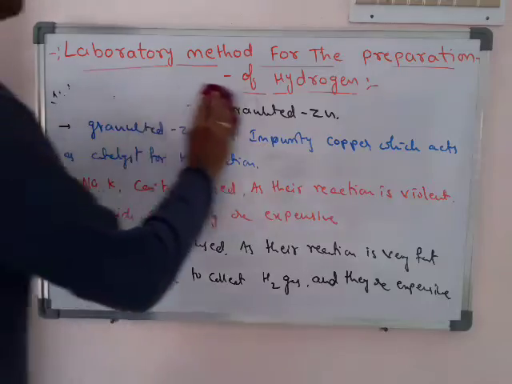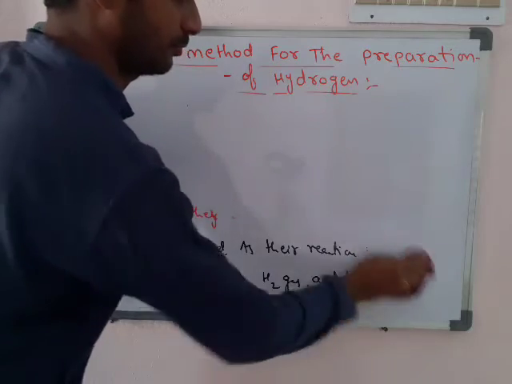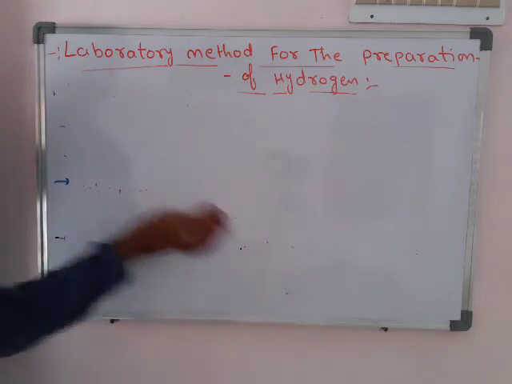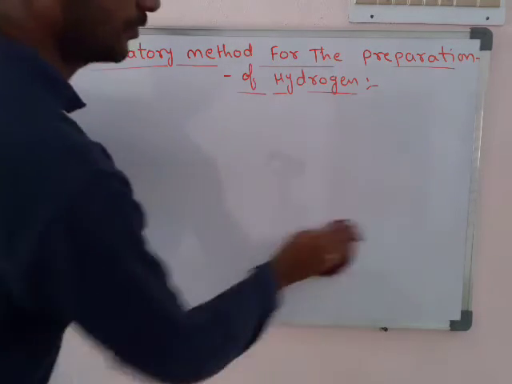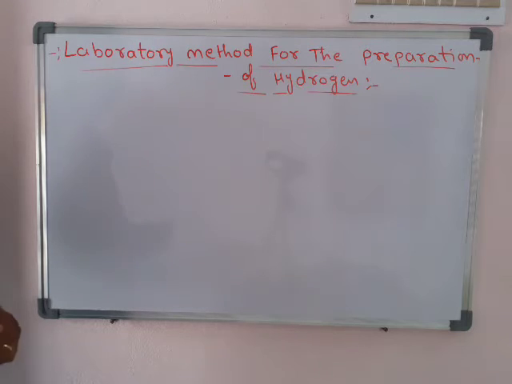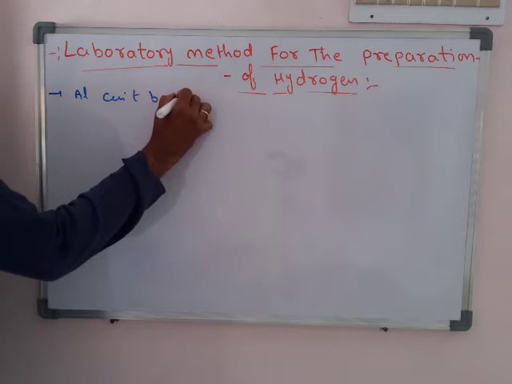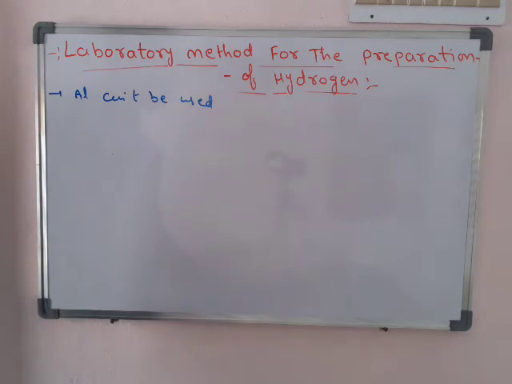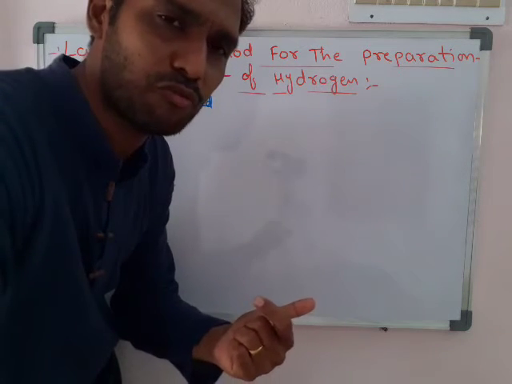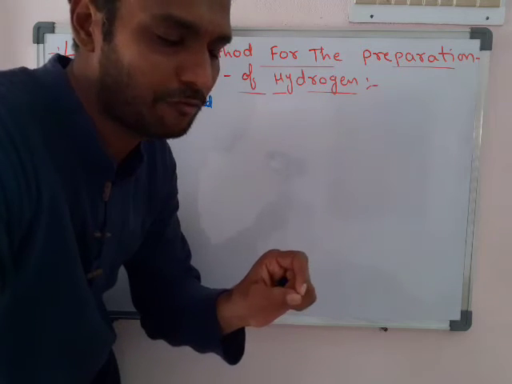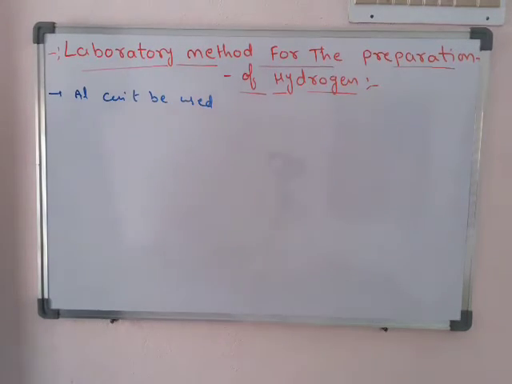Next, why don't we use aluminium? So why is aluminium not taken in the preparation? Aluminium also cannot be used. Why? As we said, in the reaction there is a formation of Al2O3, it forms a layer around the aluminium metal, so further reaction stops. Okay, that's why aluminium is not used.